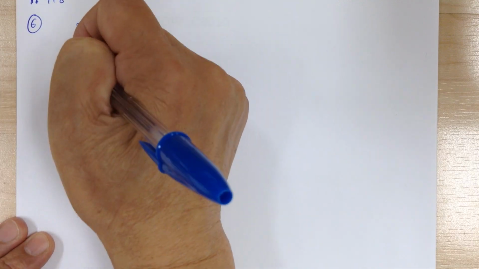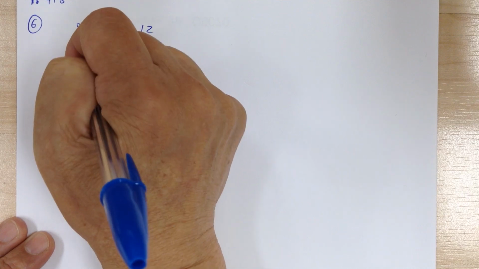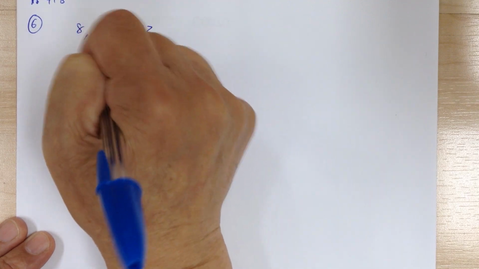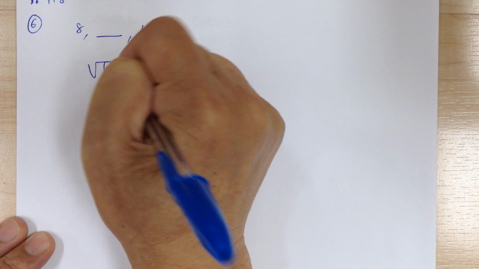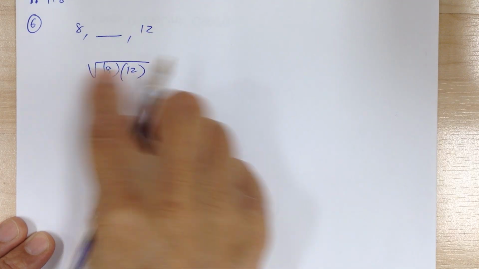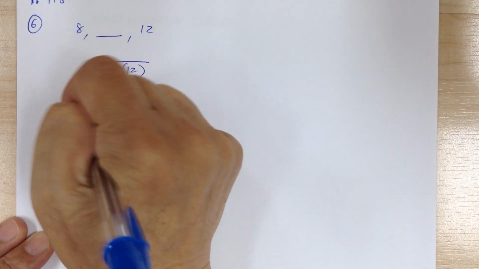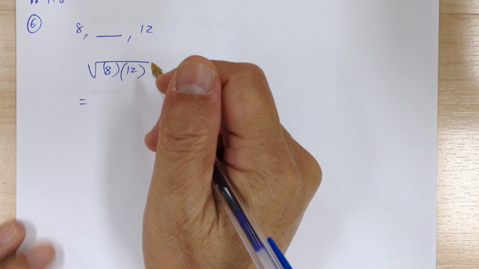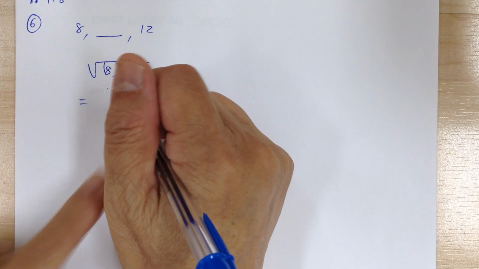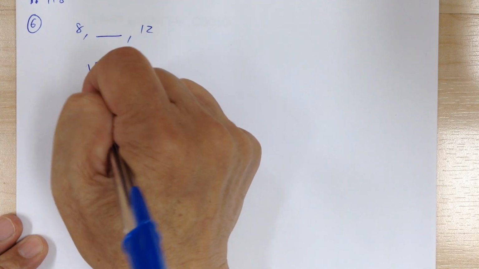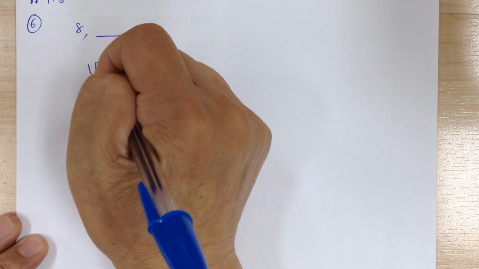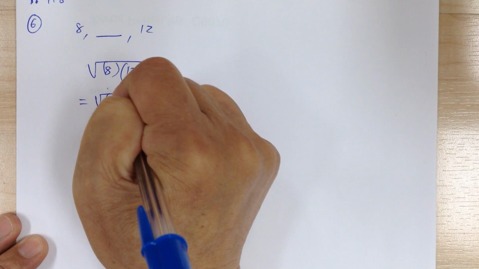Okay, so for this number, you can just take the square root of 8 times 12. So 8 times 12 and take the square root. And so this will equal to, now to simplify this, you don't want to multiply into a huge number. What you want to do is break down into the perfect squares. So 8, you can break into 4 and 2.